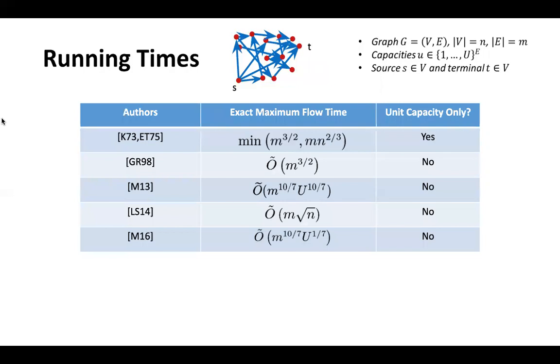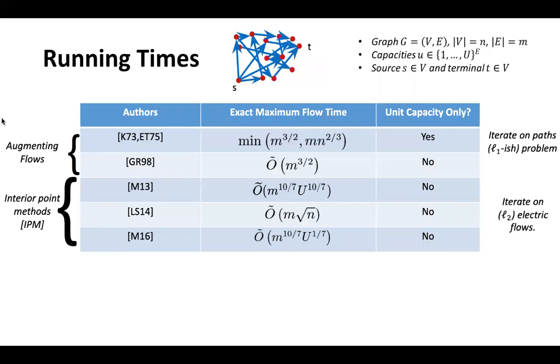Going back to the running times for the current progress on the max flow problem, the earliest work of Karzanov, Tarjan, Goldberg, and Rao used augmenting paths or some sort of shortest path potentials to run their algorithms. So in our view, this is like an L1 undirected primitive to help with the directed max flow problem.